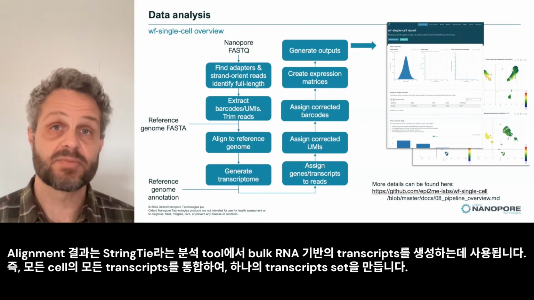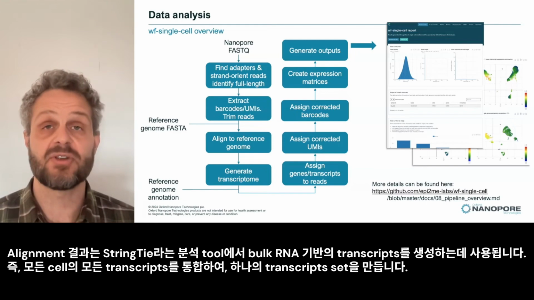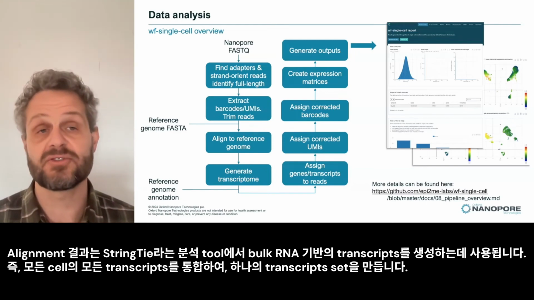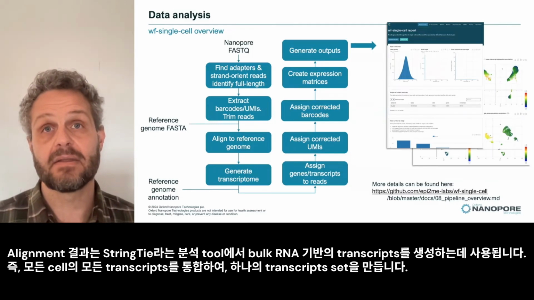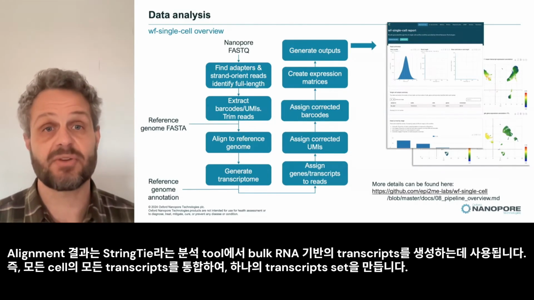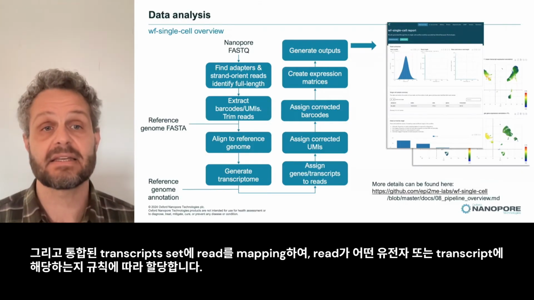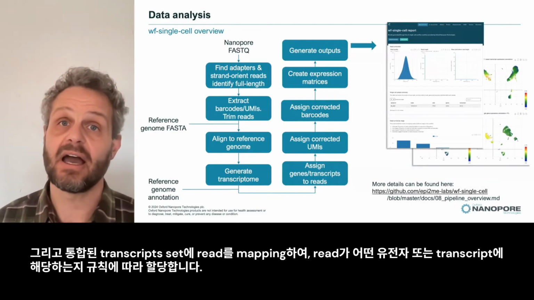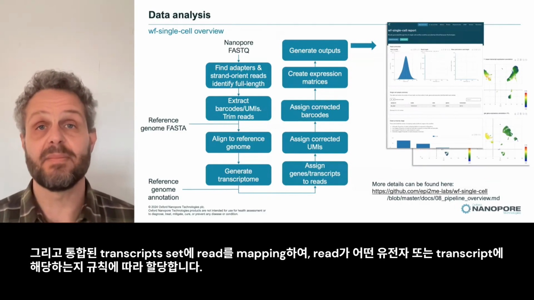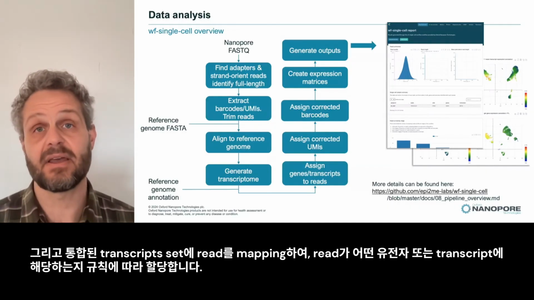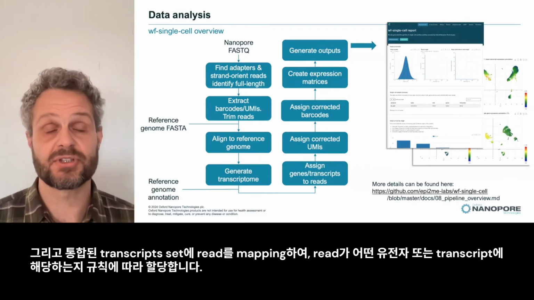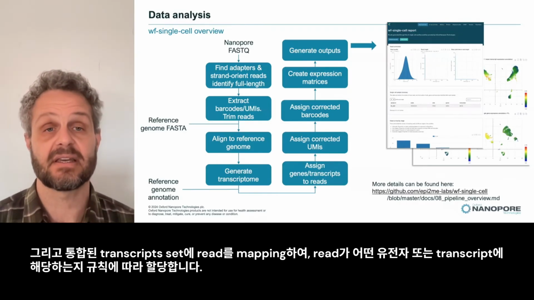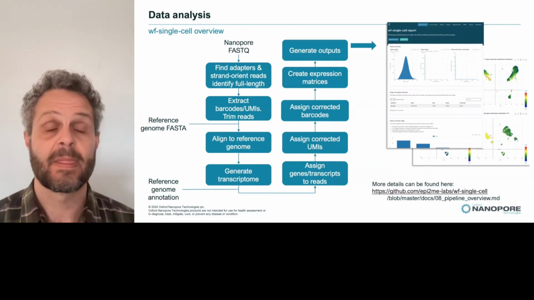This alignment is then used by StringTie to generate a transcriptome of the bulk RNA, so all the transcripts in the sample from all cells are used to create a transcriptome. The reads are then assigned a gene and transcript by mapping the reads to this bulk transcriptome and applying some rules to assign the genes and isoforms.